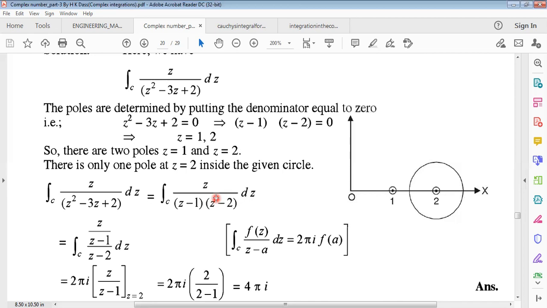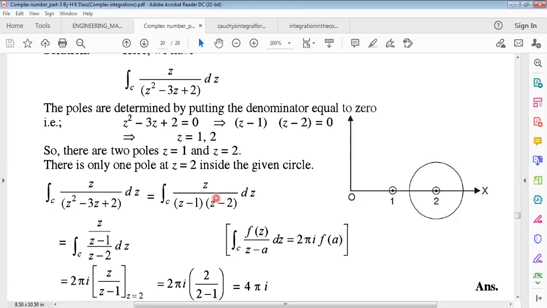So this can be written as twice pi i into f of z, which is z divided by z minus 1. Sorry, this will be z minus 1.